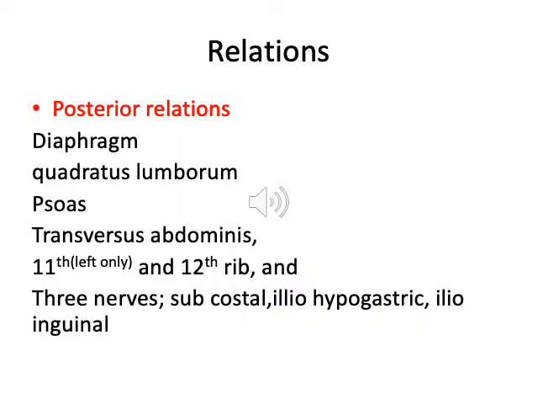Let's discuss the anatomical relations of the kidney, which is an important aspect for your exam. There are around 4-5 MCQs as well as at least one structured essay question asked from this area.